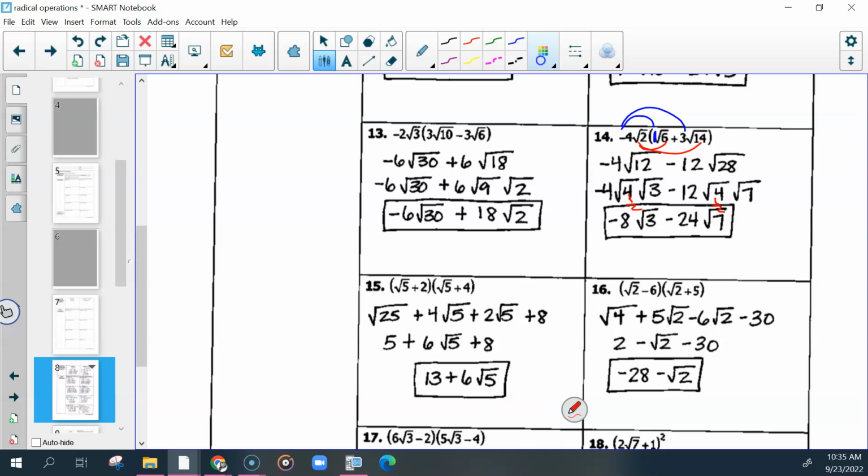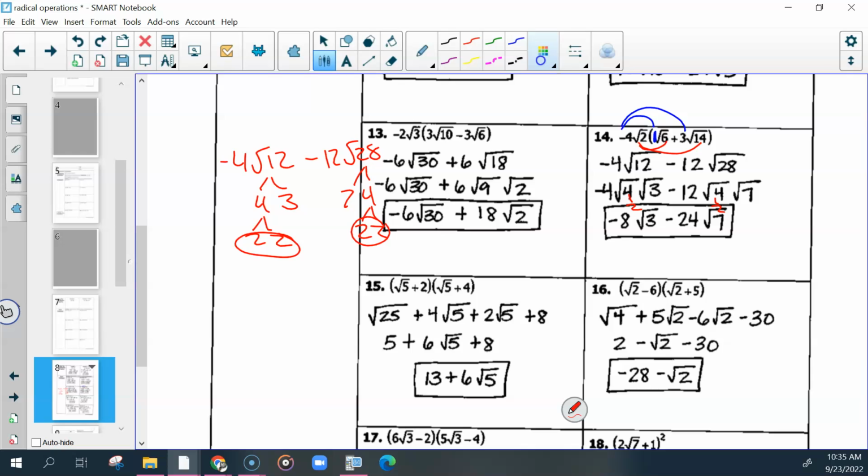So I'm going to rewrite it over here. Give me 2 factors of 12. Anyone? 4 and 3. So that would be 2 and 2. And then give me 2 factors of 28. 7 and 4. So that would be, again, 2 and 2.